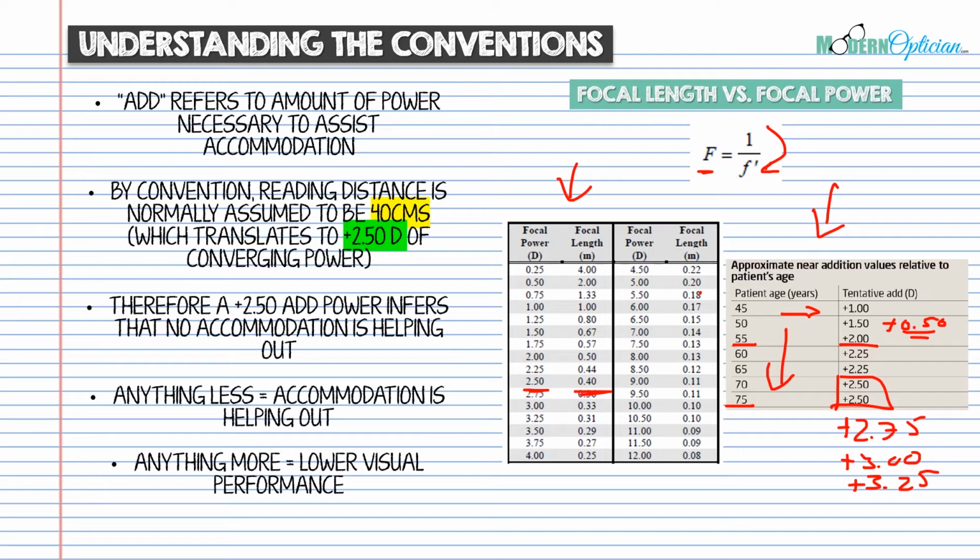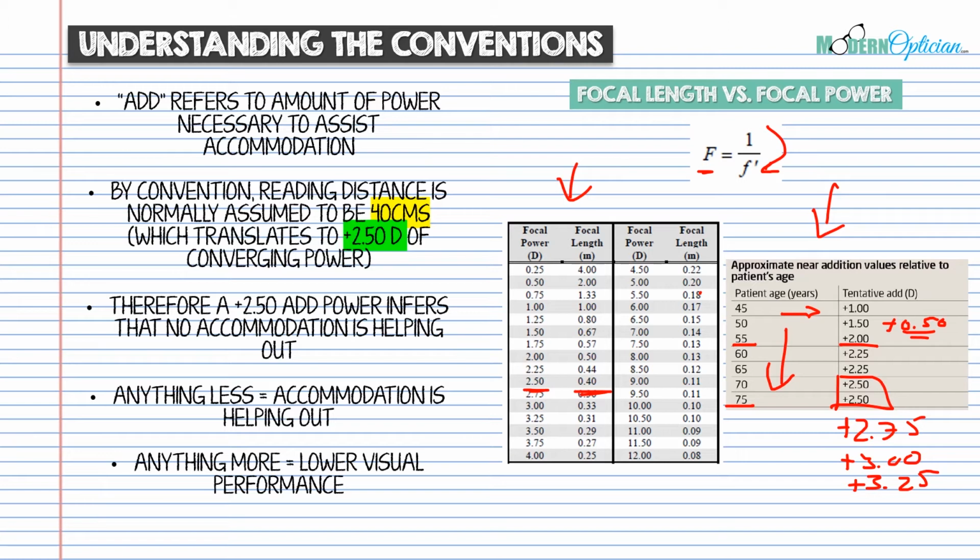This is not going to correlate to focal length, unless the patient has a very near demand, less than 40 centimeters. In that case, it would translate to a higher addition power. However, in most cases, if you see a higher addition, it means that person's struggling. You normally see very elderly people with higher additions.